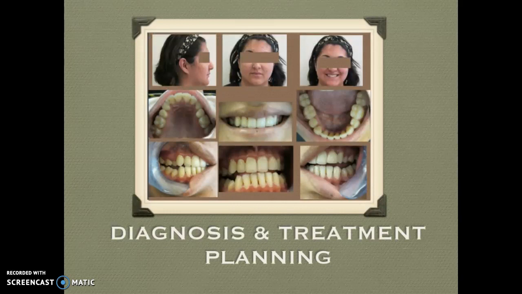Also, photographs are very helpful in diagnosis and treatment planning. This is a typical series of photographs for orthodontic treatment. We usually take a headshot of the patient in a profile, or a front view non-smiling, or a front view smiling.